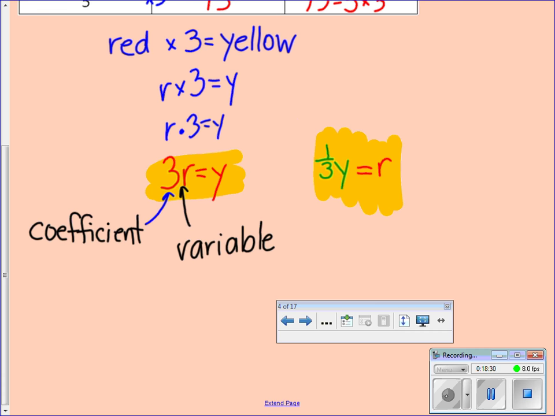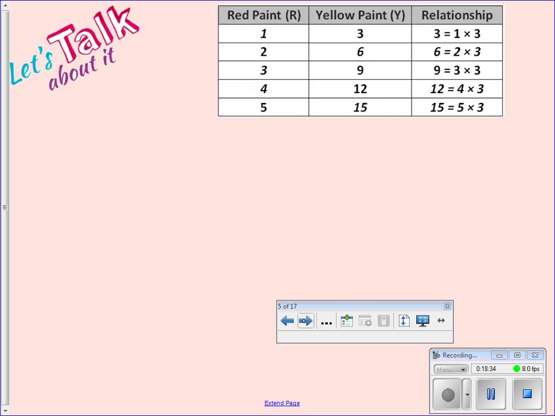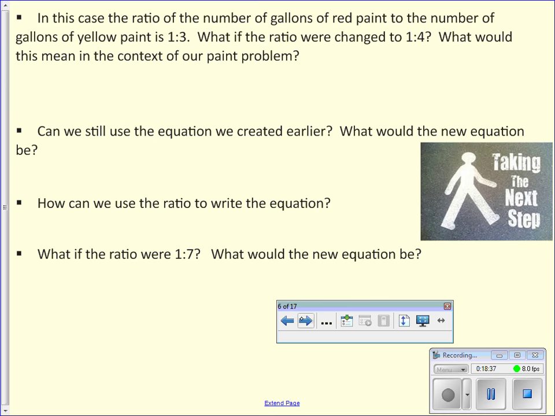All right, we lost a couple minutes because of the fire drill, but let's see if we can get one more done before the bell rings. So if the ratio we said was 1 to 3, suppose we changed it from red to yellow, 1 to 4. Who has the card for that equation? If it was 4 yellow for every 1 red, who has that card?